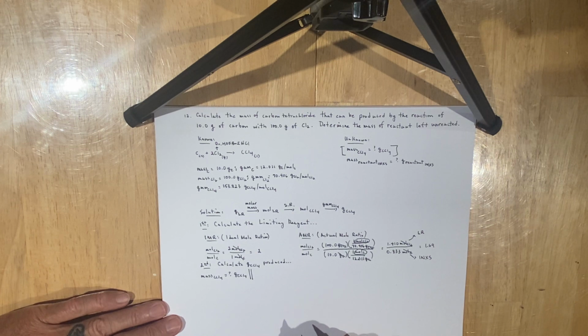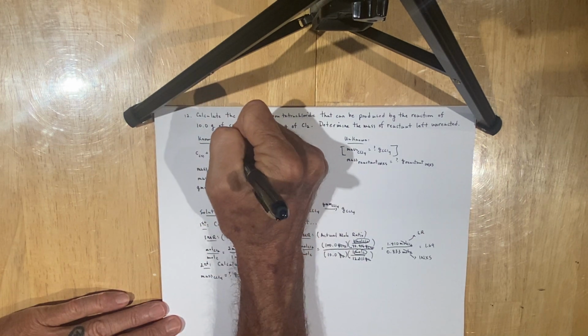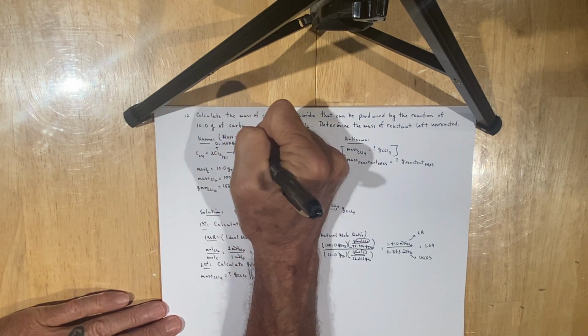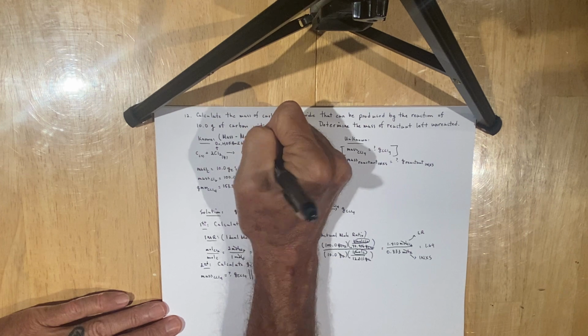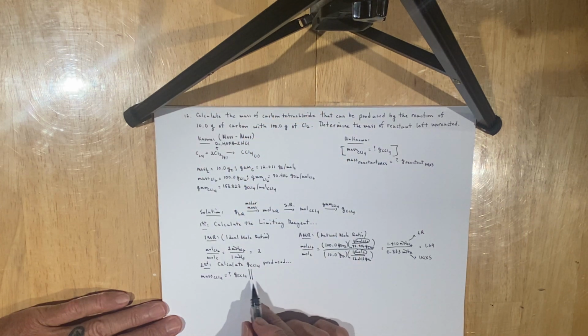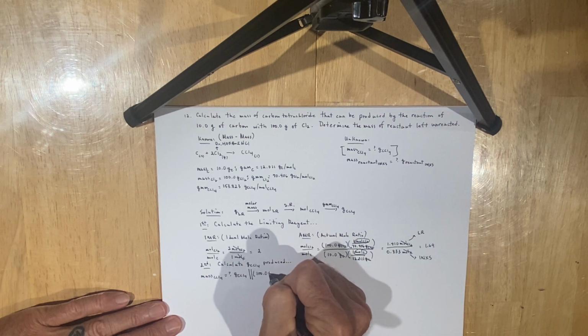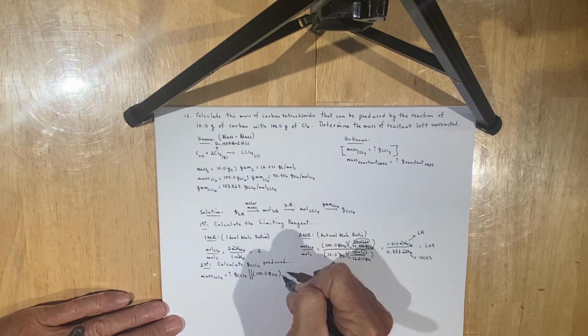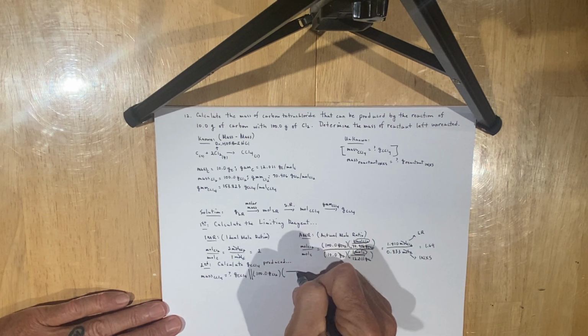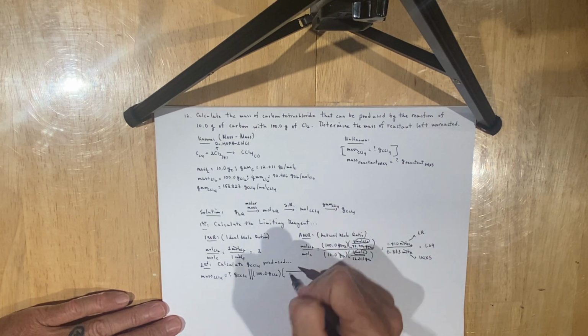And in essence, this is going to be another mass limiting reagent problem. We're going to start once again with 100.0 grams of chlorine and convert that to moles of chlorine just as we did above.